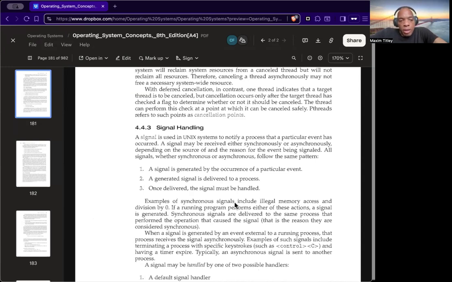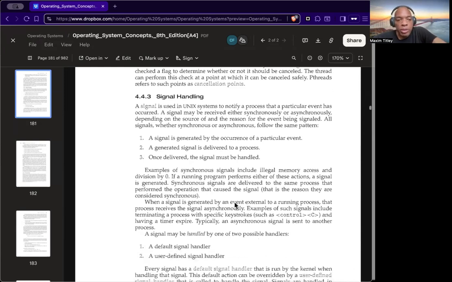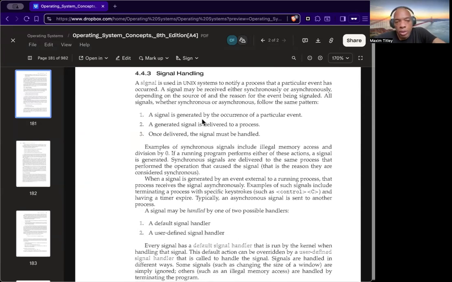So in this case, all of these different signals, despite how they run, are going to have the following characteristics. Number one is that the signal is generated by the occurrence of a given event. And a generated signal is delivered to a process. And once delivered, the signal must be handled.